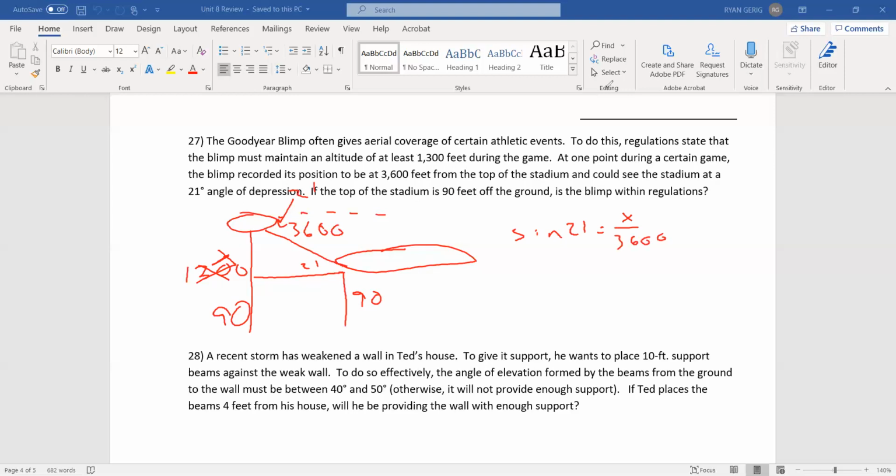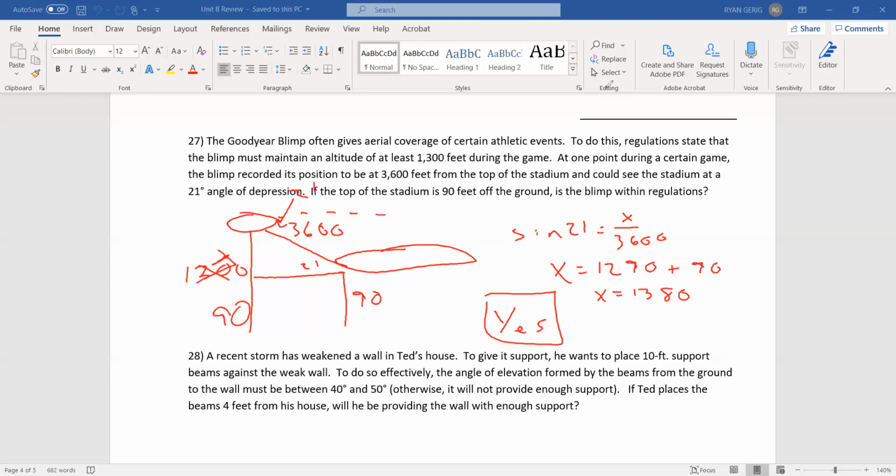So 3,600 times the sine of 21 is 1290.1. So yeah, 1290. But then you got to add the 90 feet that the stadium is off the ground. So plus 90 gives me 1,380. So this blimp is 1,380 off the ground. So yes, it is within regulations.